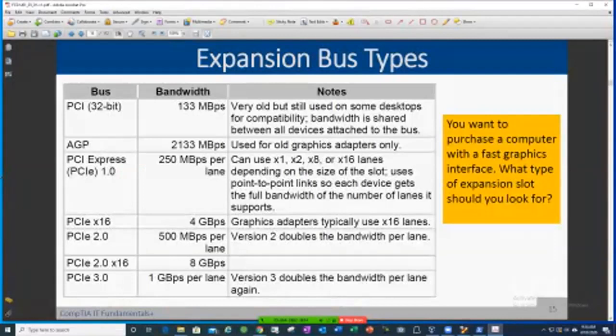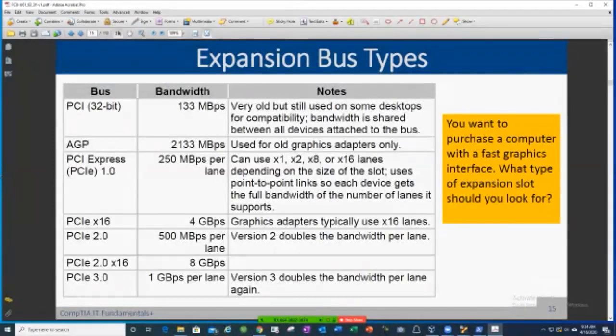So when it comes to expansion bus types, especially for the video card, the fastest is PCIe 3.0. Actually, there is PCIe 2.0 times 16, which is up to about 16 gigabits per second.